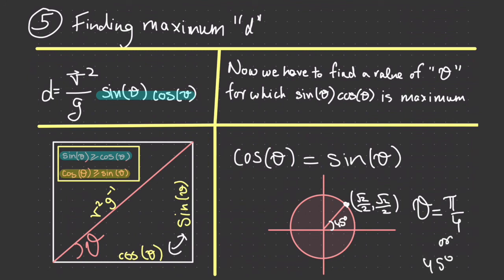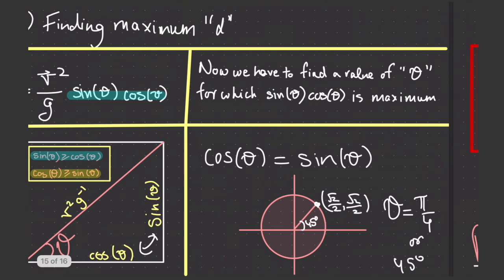And that was my geometrical proof for why 45 degrees gives us the maximum distance in projectile motion. Of course, ignoring air resistance and assuming conservation of energy.